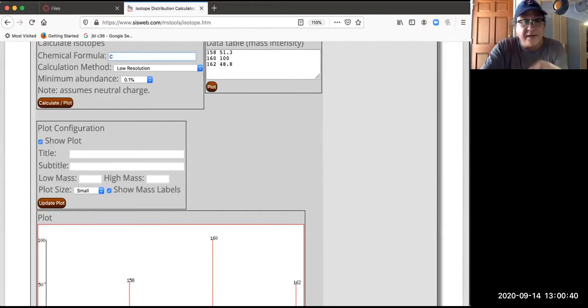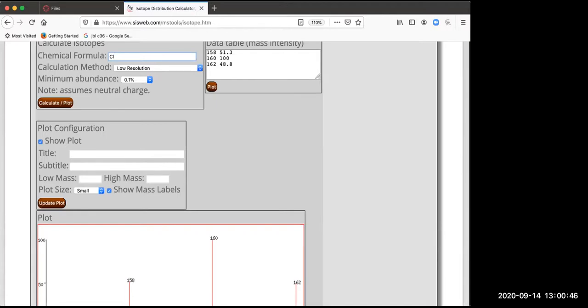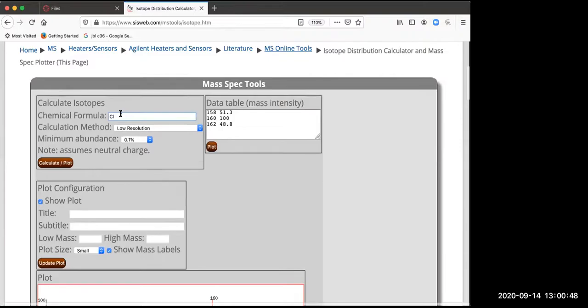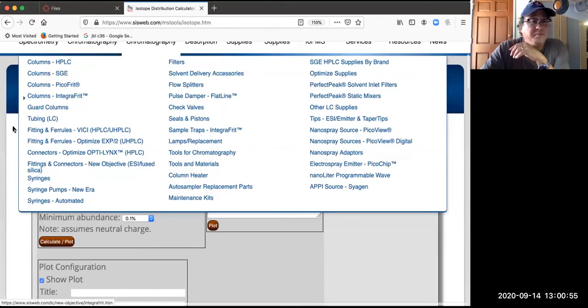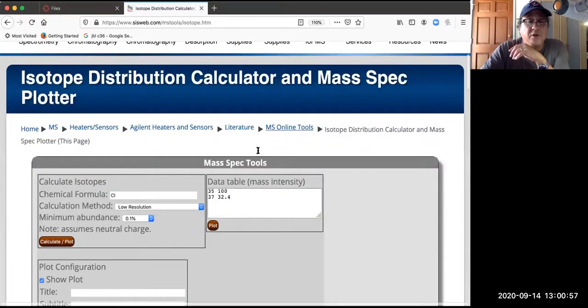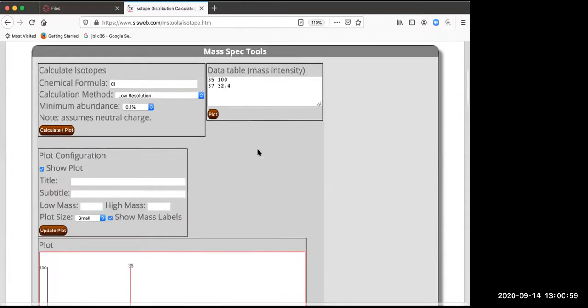Now chlorine, we're going to find out, has more than one isotope. Are you ready? So based on this, how many isotopes of chlorine are there? 2. Write that information down.